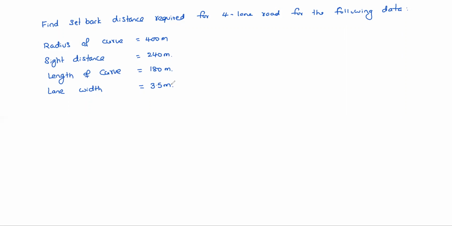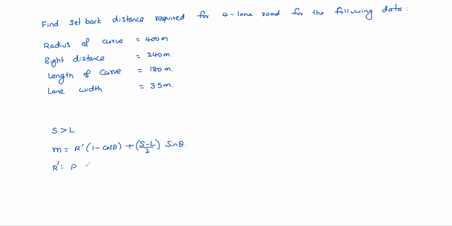So without confusion, we can work it out. So it is a case of which case? Case 2, because S is greater than L. S greater than L means the formula is M equal to R' into (1 minus cos theta) plus ((S minus L) by 2) into sin theta. Okay. First we will calculate R' and theta.